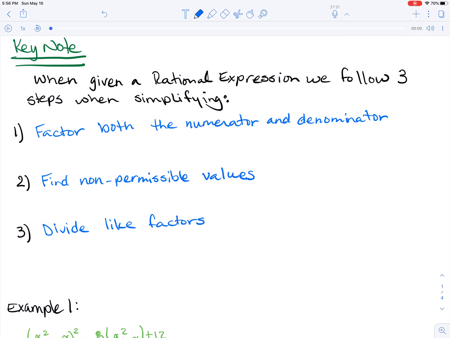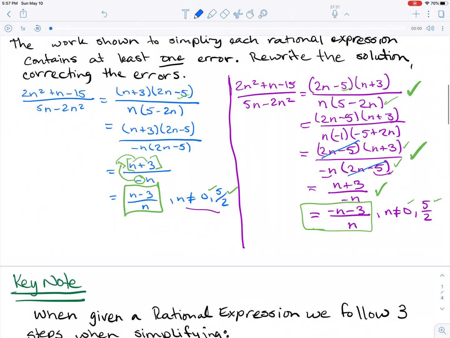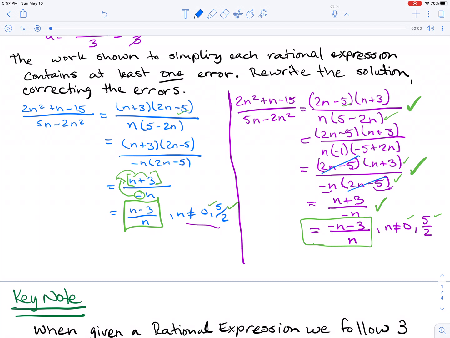Now, why do we have to find non-permissible values before we divide like factors? Well, if we look back to our earlier example, I had to go back to the step where it was minus n and 2n minus 5 in order to find my non-permissible values, because those are all the factors in the denominator.